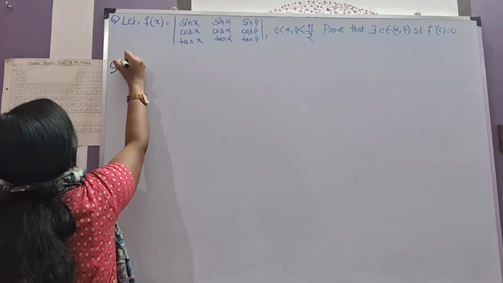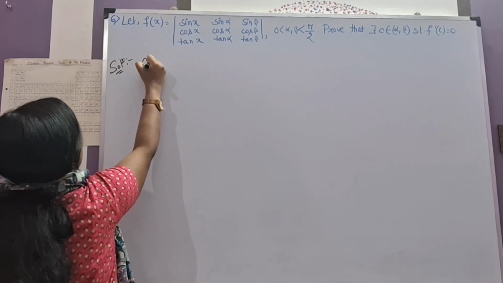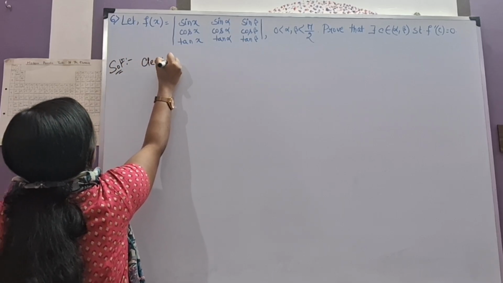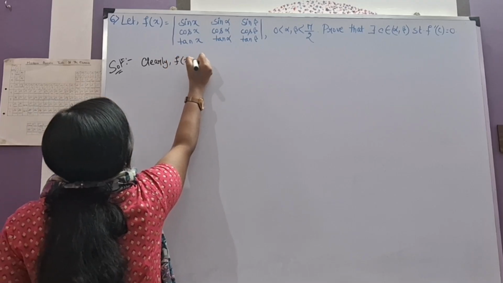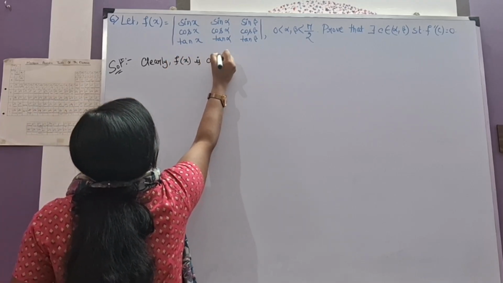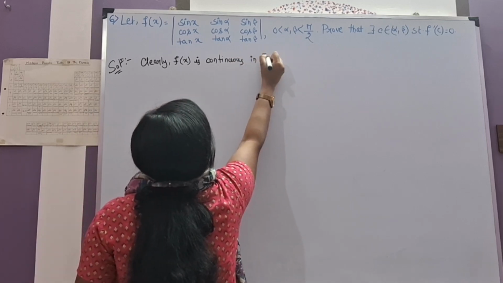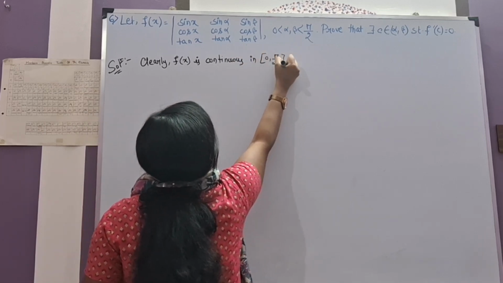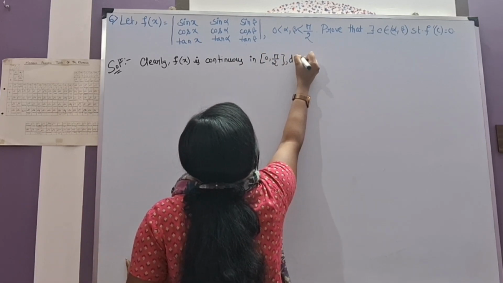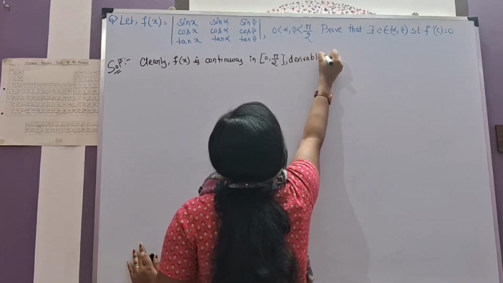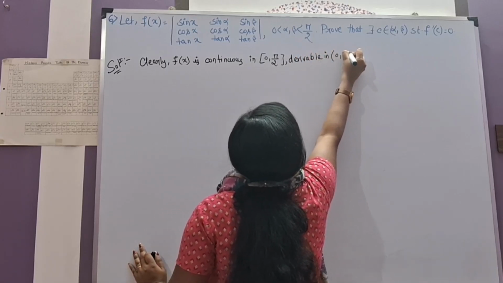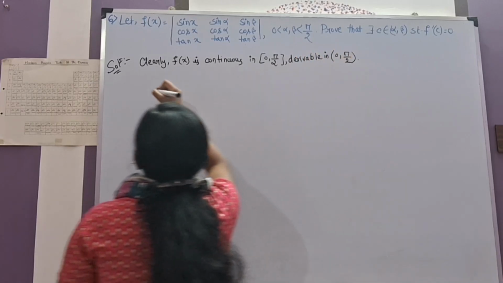Now we are going to solve this numerical. So clearly we can say that f of x is continuous in closed interval 0, pi by 2, derivable in open interval 0, pi by 2.